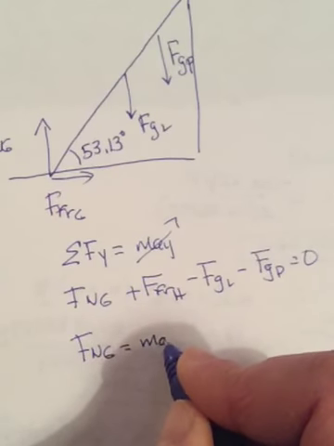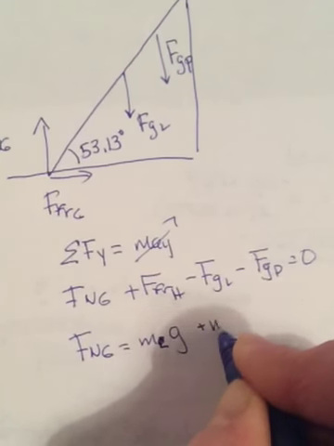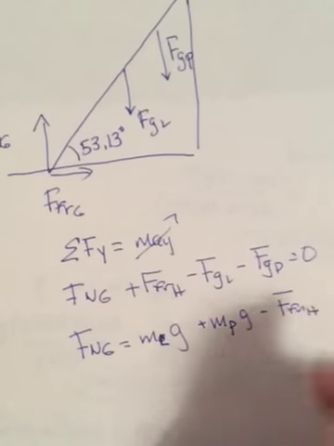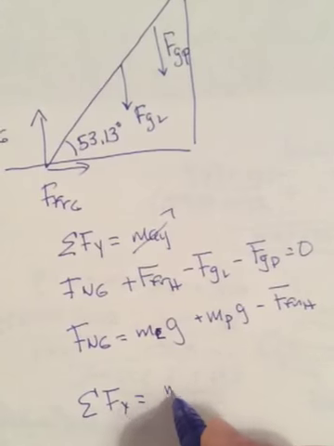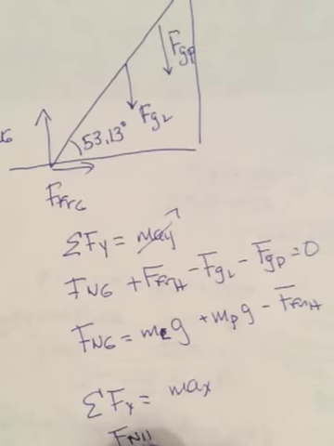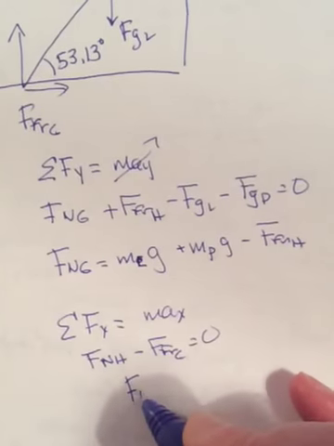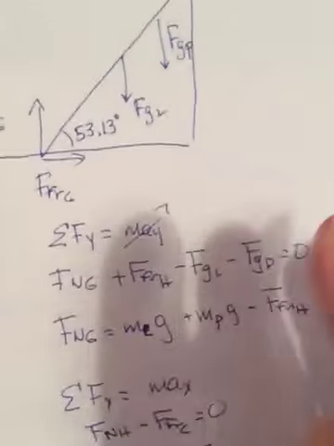So m of the ladder g plus m of the person g minus friction of the house. And then the sum in the x direction is still going to be normal of the house minus friction of the ground equal to 0. So the normal of the house will equal the friction of the ground.